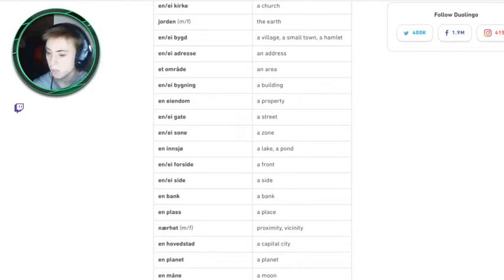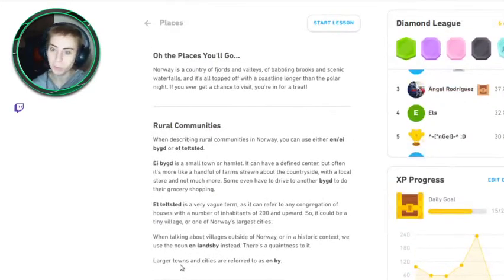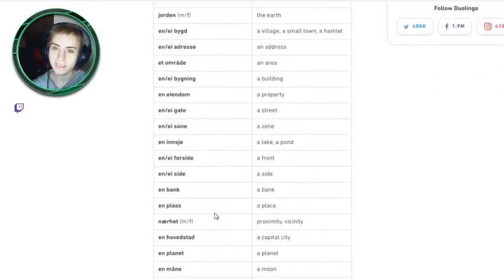Planet. Månen. Måne. Stjerne. I know måne because one of the characters in a book I wrote is an owl, because there's a bunch of talking animals in the book, and it's a barn owl, and the barn owls, they have these bright white faces, and I think I was like 14 when I first wrote it down, so I was like, oh, I know a good name for an owl, Moon or Luna.